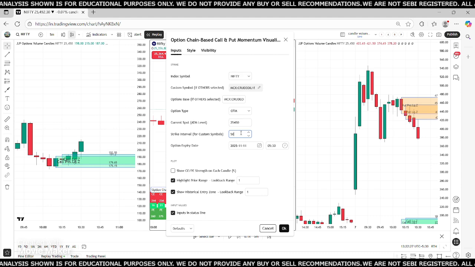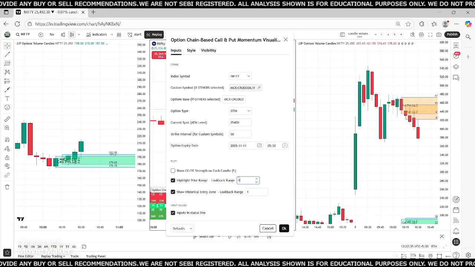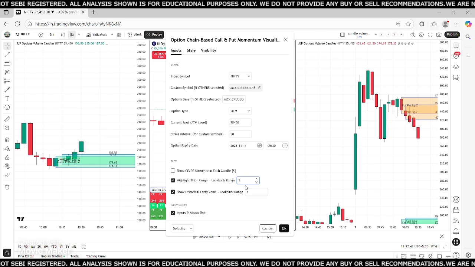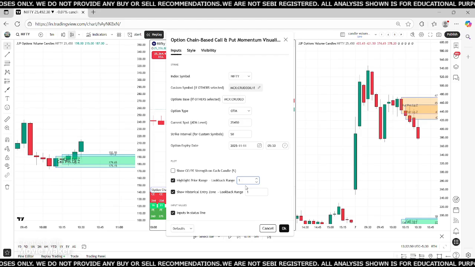For Nifty 50 the strike interval is 50, for Bank Nifty 100. Like this the setup will be there, and now I have given only one range to see, so only the previous one range will be shown, because now we are going to see with replay mode for 7th November 2025. Once we do replay mode, with the first range itself we can easily see.